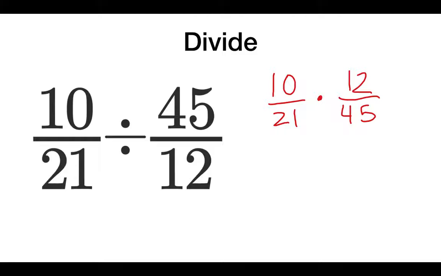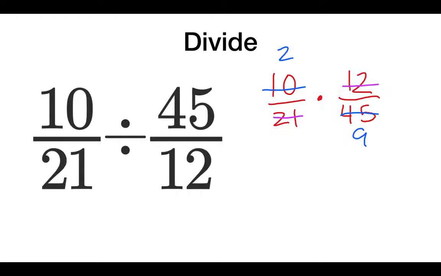So now let's try to simplify. Well, 10 and 45 both happen to be multiples of the number 5. So 10 divided by 5 is 2, and 45 divided by 5 is 9. Now the other thing I'm going to notice right here is that 21 and 12 are both multiples of the number 3.